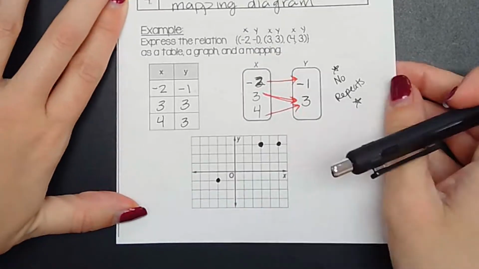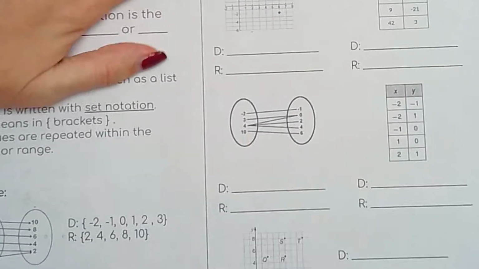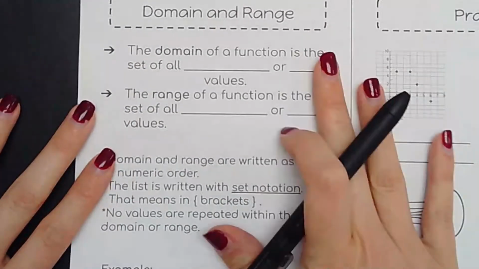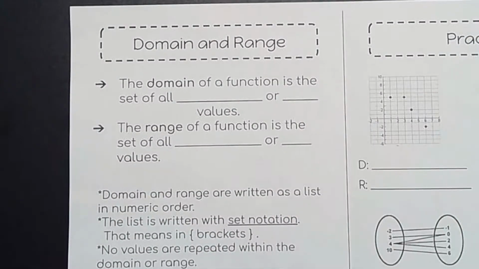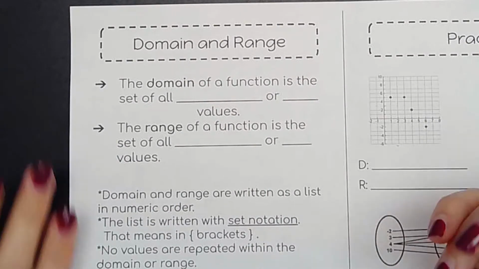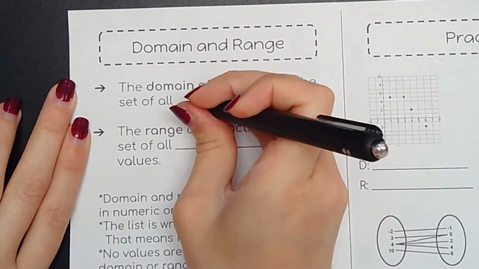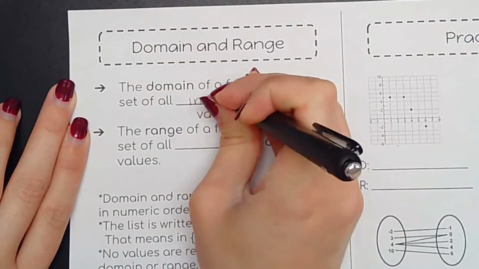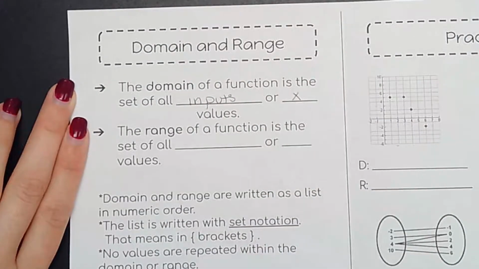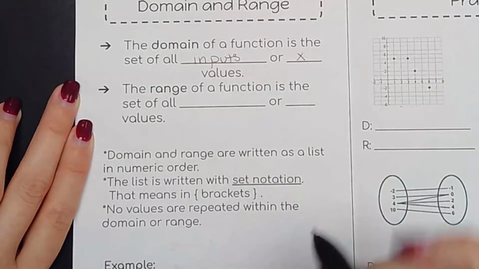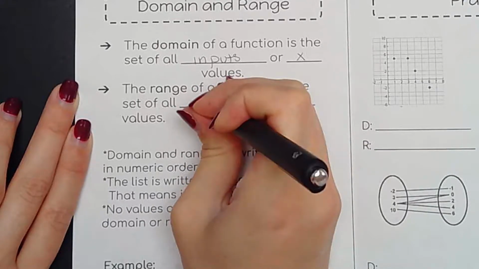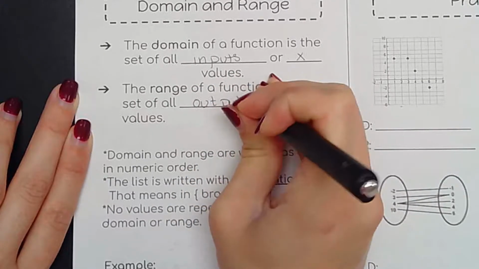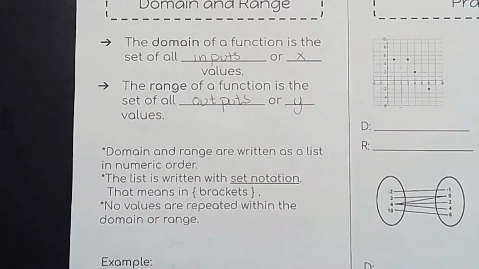So once we can represent relations, we can also find the domain and range of a relation. So the domain of a function is the set of all inputs, and inputs means our x values. The range is the set of all outputs, and outputs means the y values.